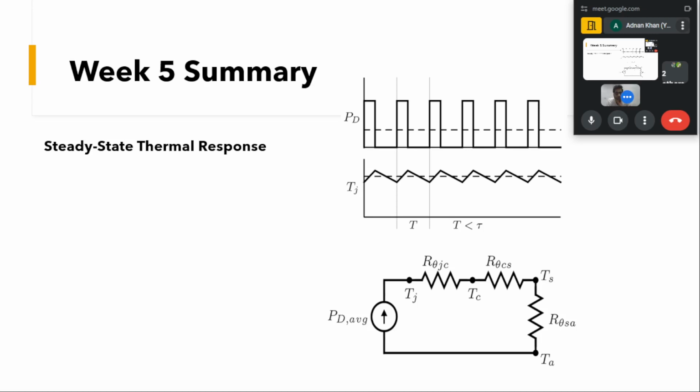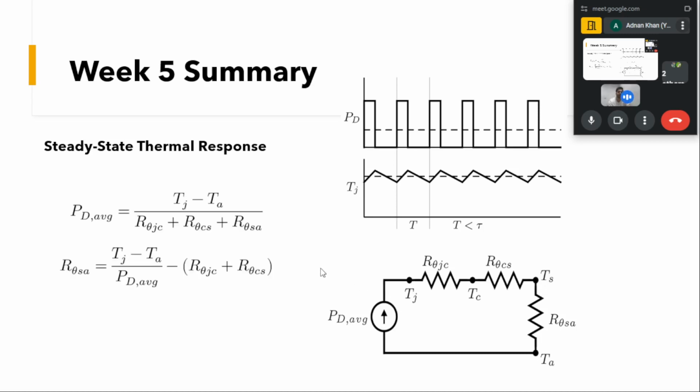which is analogous, as I had earlier told you, to a current source in the power circuit. And this power dissipated will be represented by a current source here. And if we know this power loss, we can calculate the temperature at any point in this circuit.